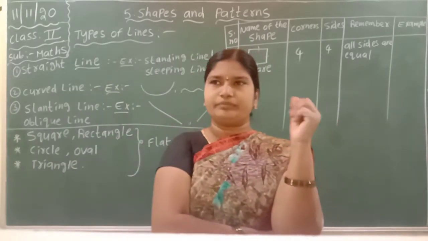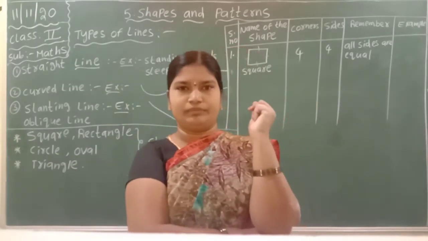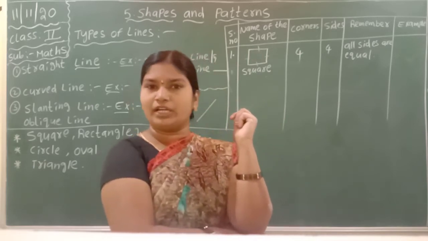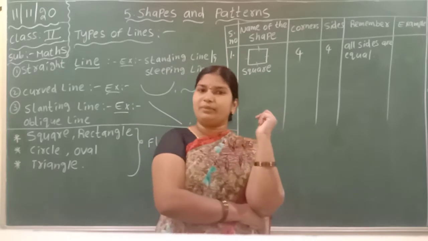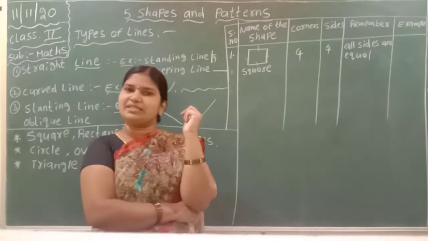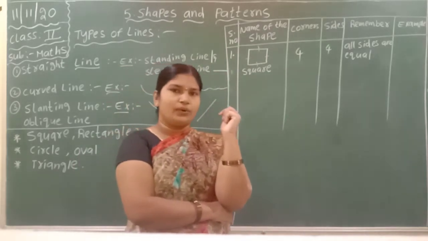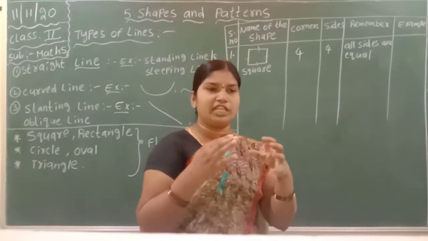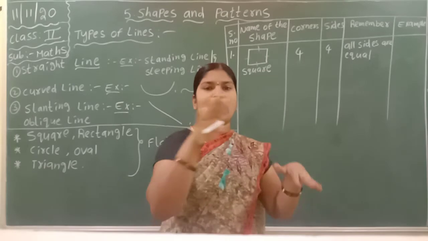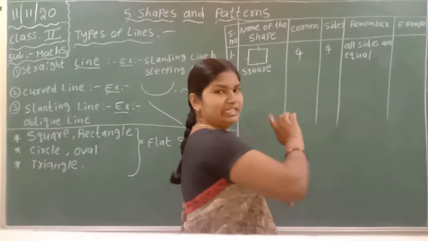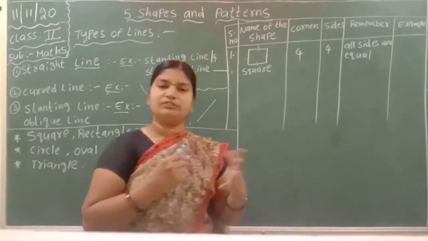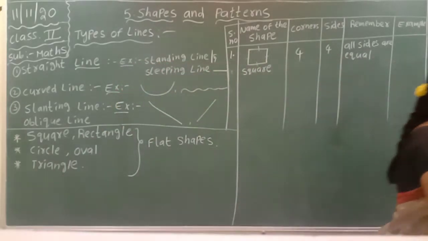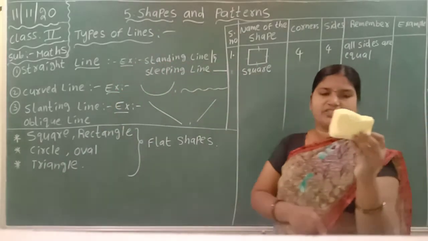Think once. What is the shape of the windows we are using in our houses? Some are square, some are rectangle. And the table: if you observe the top of the table, it has a flat surface. That is in which shape? Square shape. And look at this small duster.